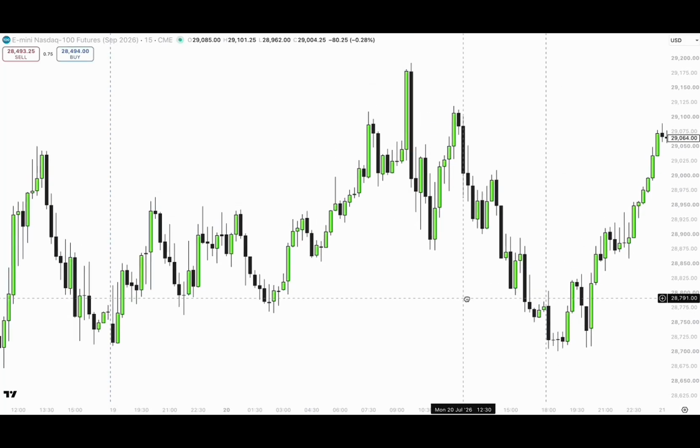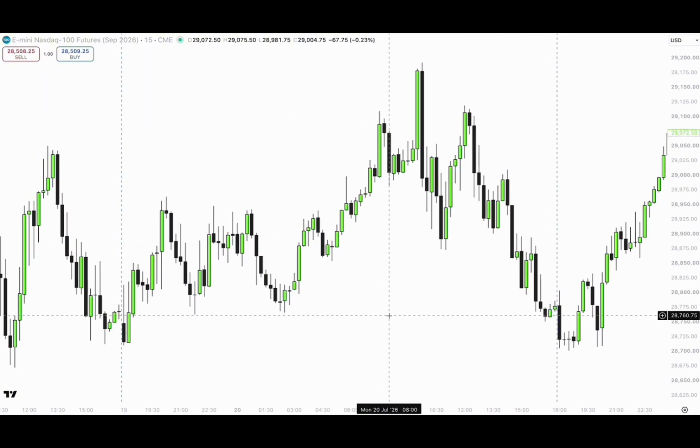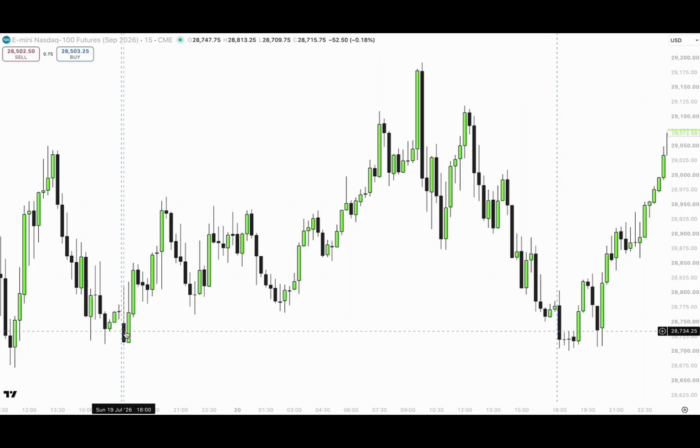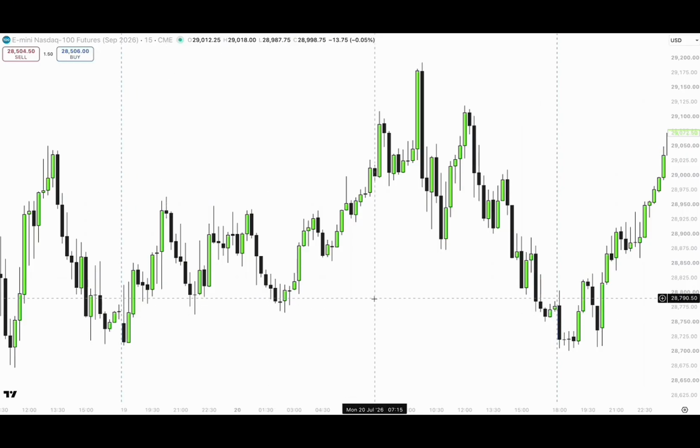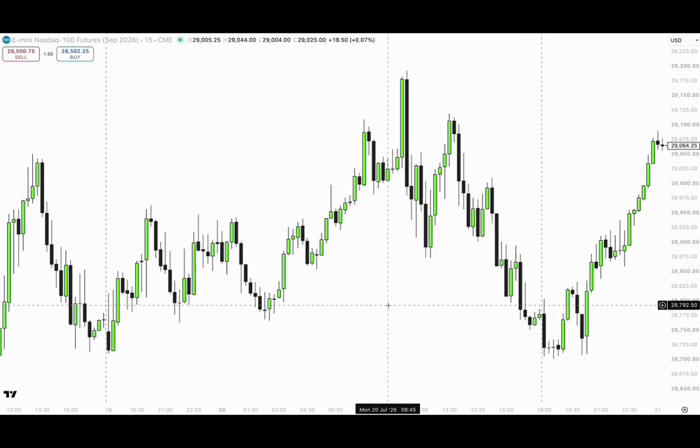So we are on the 15-minute chart, and as you can see, this is the whole price action of Monday. We opened up the new day at 6 p.m. and then the New York AM session is right here at 9:30.